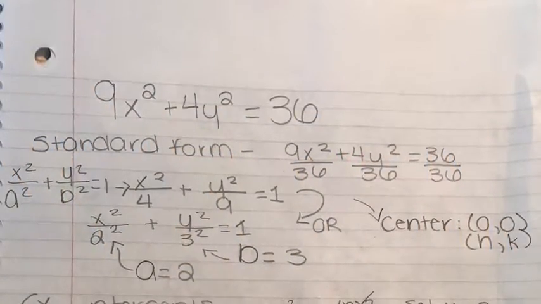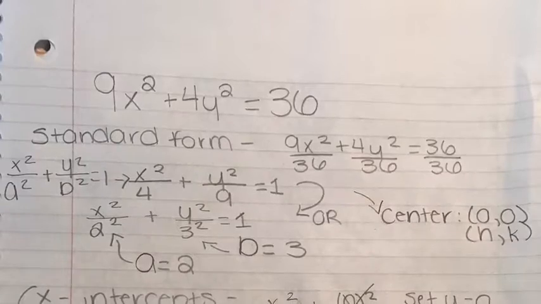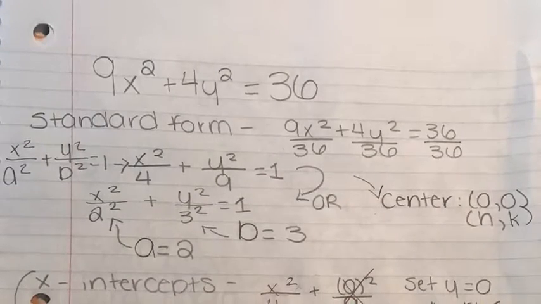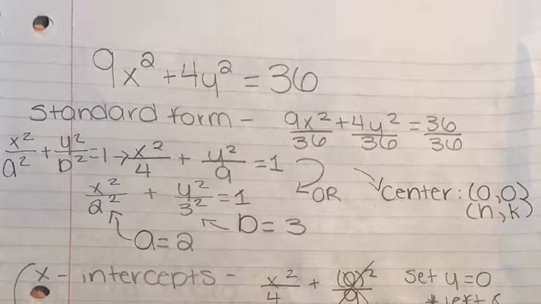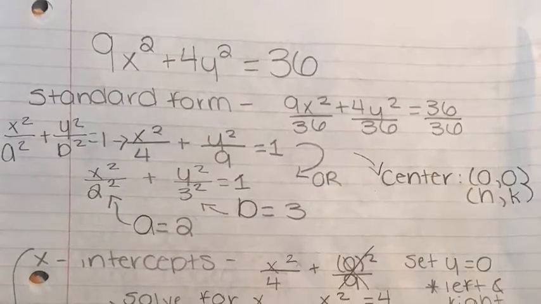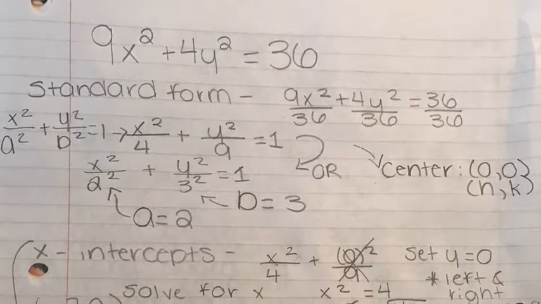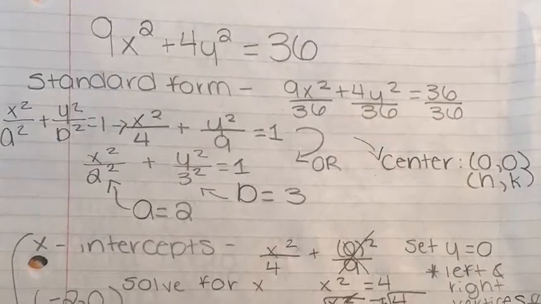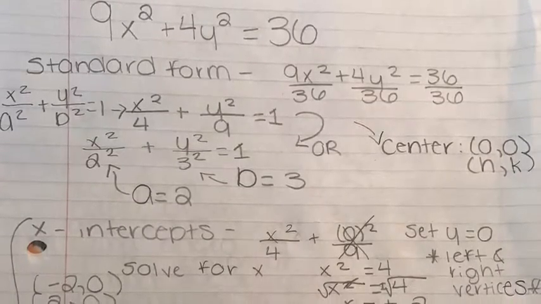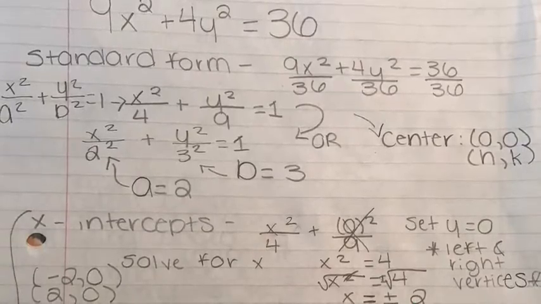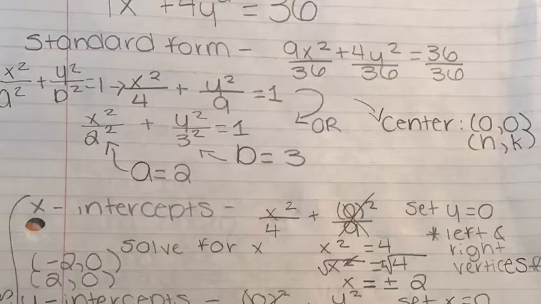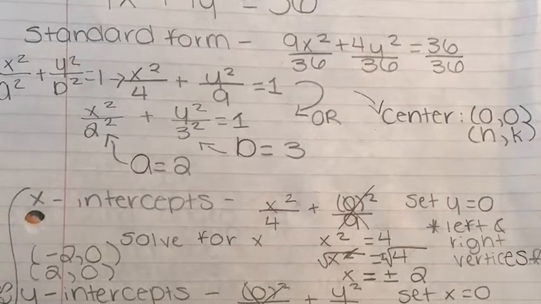For my first equation to show an ellipse, I chose 9x squared plus 4y squared equals 36. To write this equation in standard form, which is x squared over a squared plus y squared over b squared equals 1, I divided both sides of the equation by 36, getting x squared over 4 plus y squared over 9 equals 1, which can also be written as x squared over 2 squared plus y squared over 3 squared equals 1.